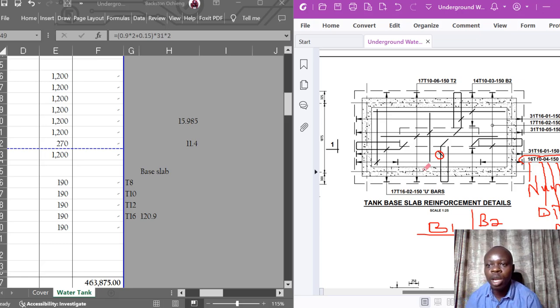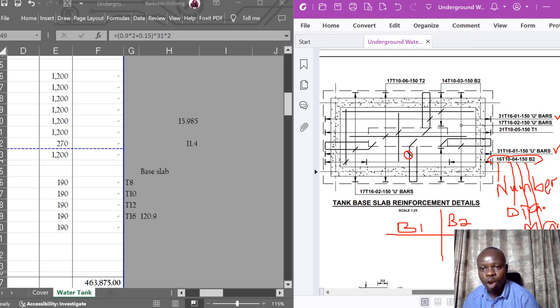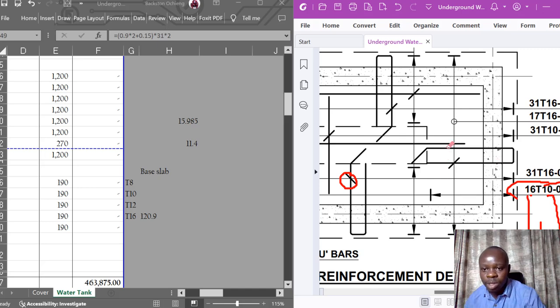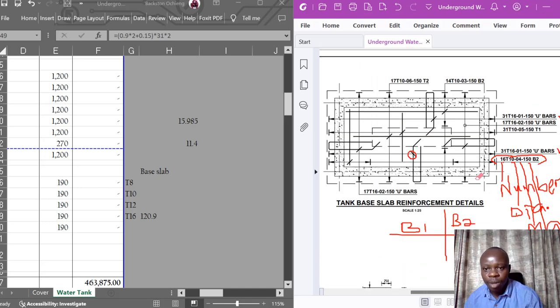The other option is to rely on what we call the bar bending schedule, which we'll come to look at later on. But for now, we are going to rely on getting the dimensions of the plan. Okay, so my explanation is, in this case, from the entire 4.5, this bit here, we can give it like a quarter of it, okay?